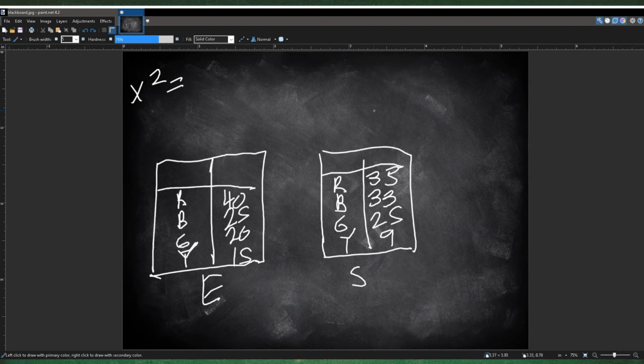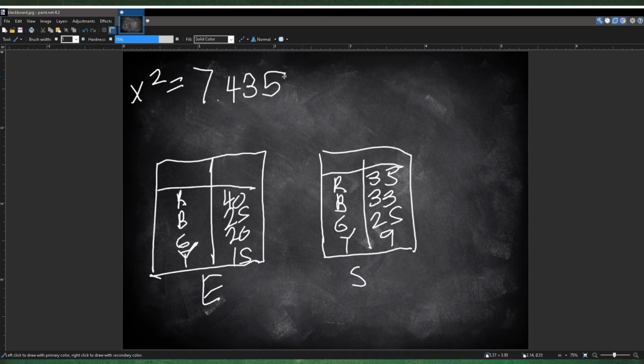Then you add the 25 minus the 20 squared, divided by 20. And then you add 9 minus 15, square it, and divide by 15. Right? And then you add them all together, and you get an x squared value of 7.435.